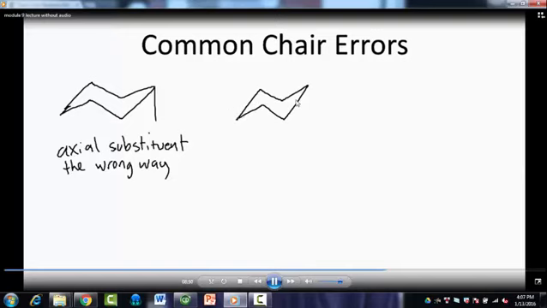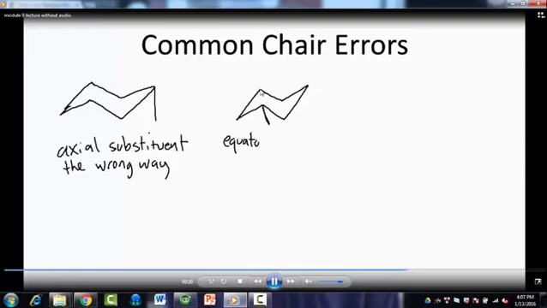Here, I drew another chair, and I think I'm going to draw an incorrect equatorial substituent now. So right here at this carbon, the two bonds in the ring come together to make a point that goes up. So I know the axial substituent should go up, so I know my equatorial substituent should go down at an angle. I drew it down and to the right. What's wrong with that?